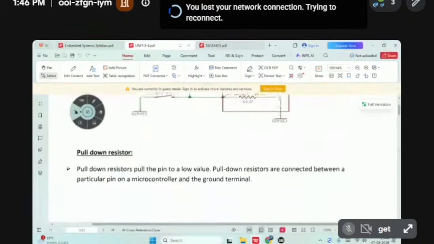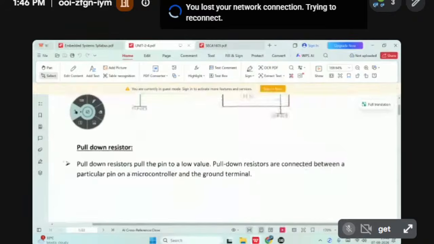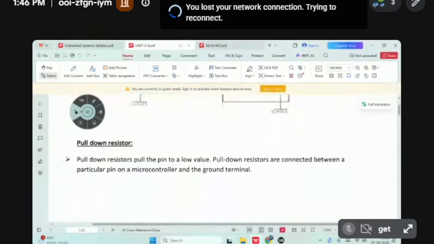Generally, these pull down resistors will be used to connect the microcontroller as well as the ground terminal. So I have given connection to the microcontroller. Sometimes I can have an excess amount of current, and automatically the embedded system will get damaged.